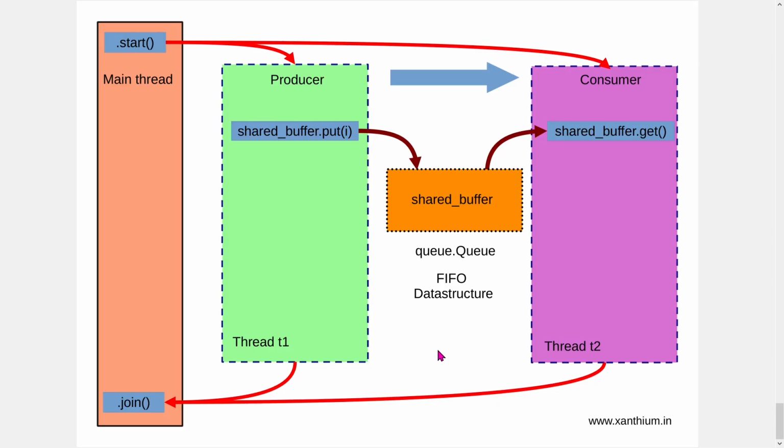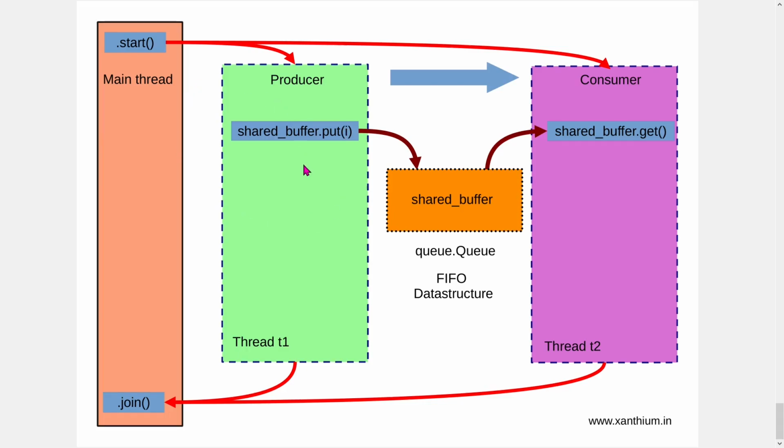Now we will create a small program that will send data from a producer thread to a consumer thread. So this is the main thread, and we'll be starting 2 threads, called a producer and a consumer. Now we have a queue data structure which is named a shared buffer. The producer thread will put some data in a loop, for example 1.